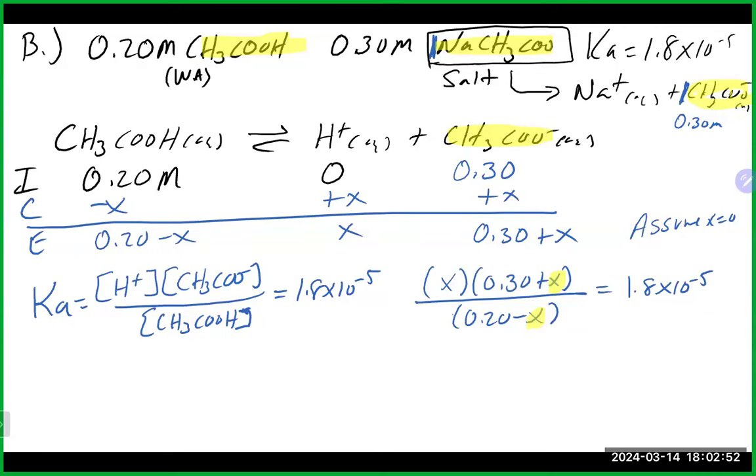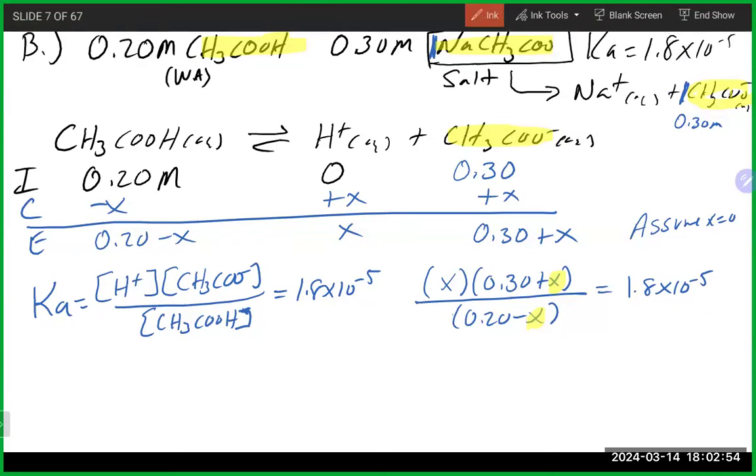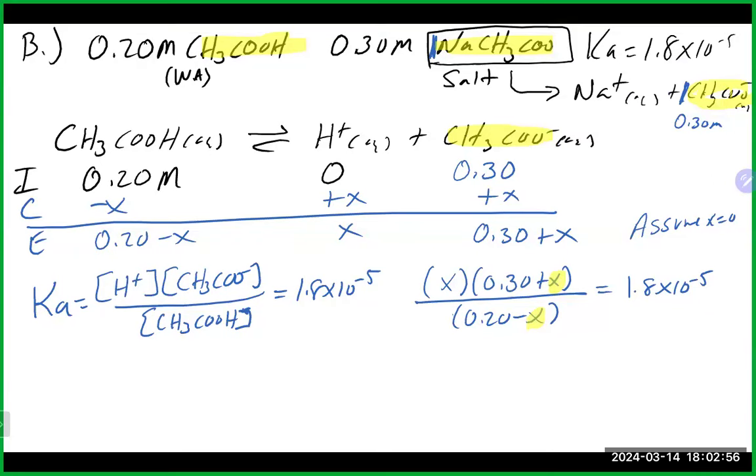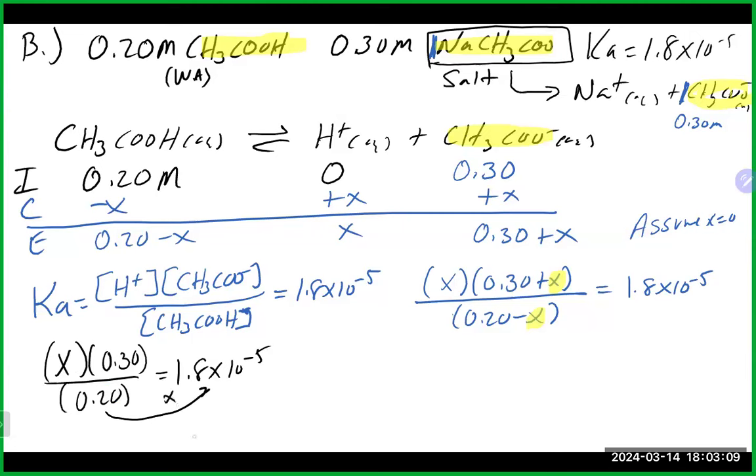And that's going to reduce this down to maybe something that's a little bit more manageable. X times 0.3 divided by 0.2 equals 1.8 times 10 to the minus 5. In this case, we're going to multiply by the 0.2 and then come back and divide by the 0.3 in this case.